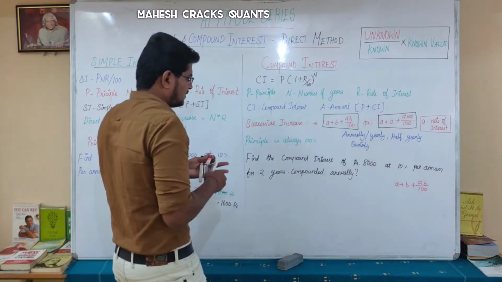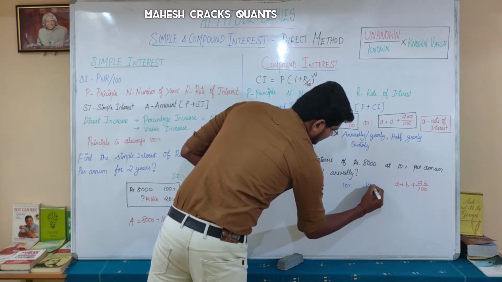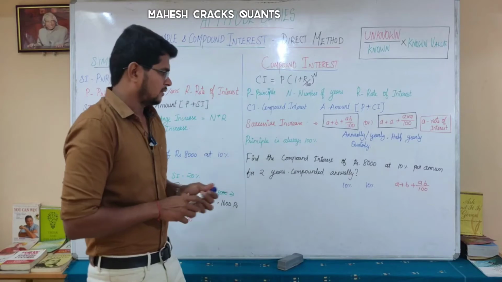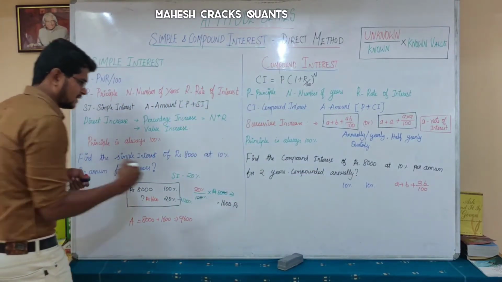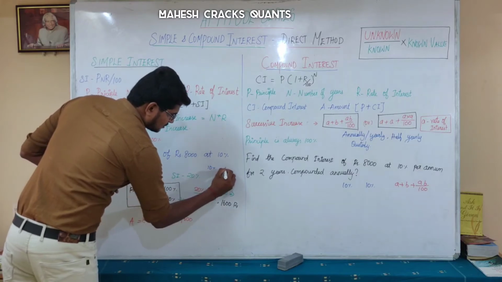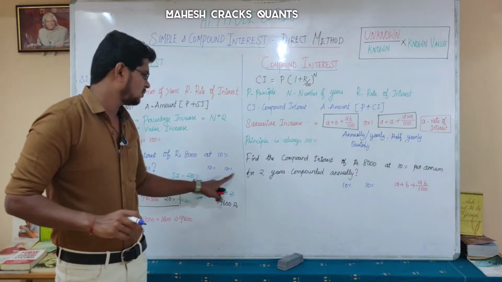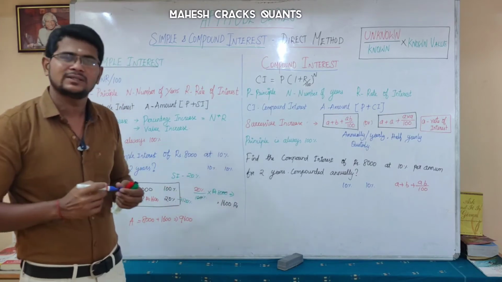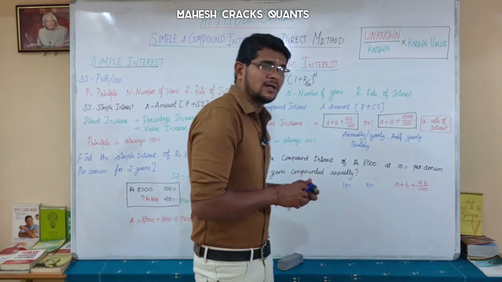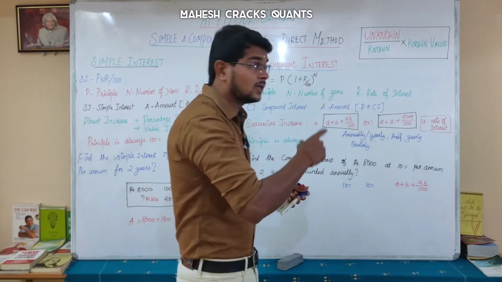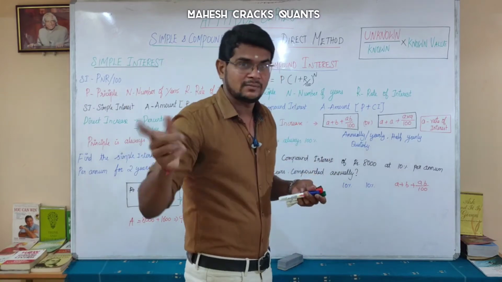First year 10% and second year also 10%. That is what you have to write here. In simple interest, the first year is 10% and the second year is also 10%. This is direct increase, so we directly add these two, 10 plus 10, 20%. Here, you should not add directly 10 plus 10, because you have to use 10 plus 10 plus 10 into 10 by 100.